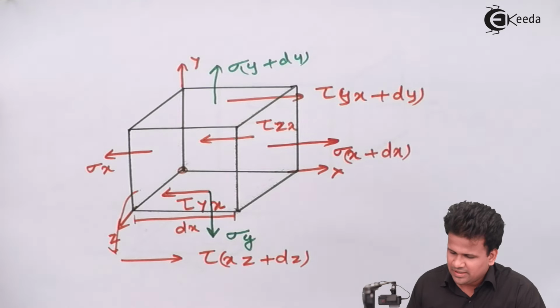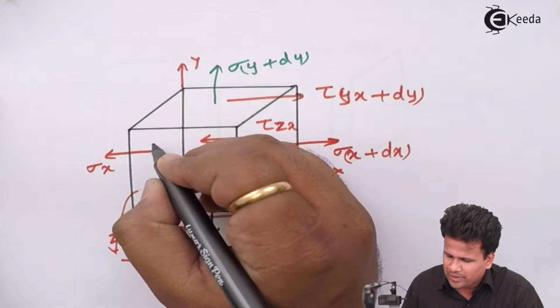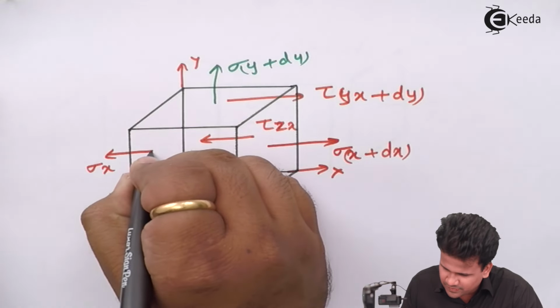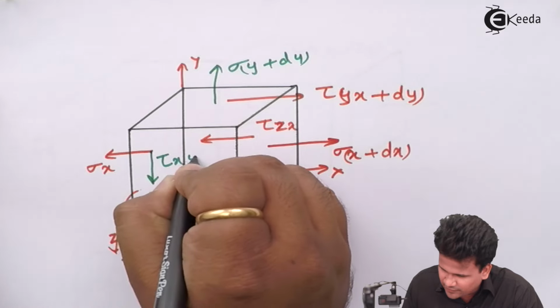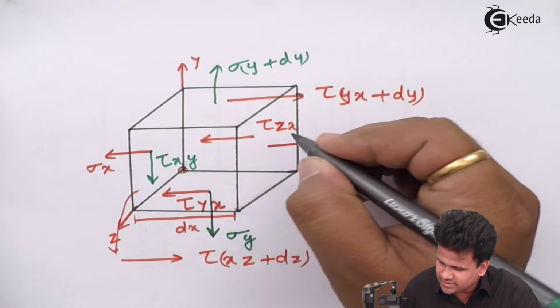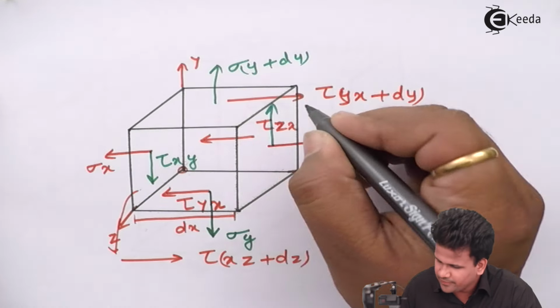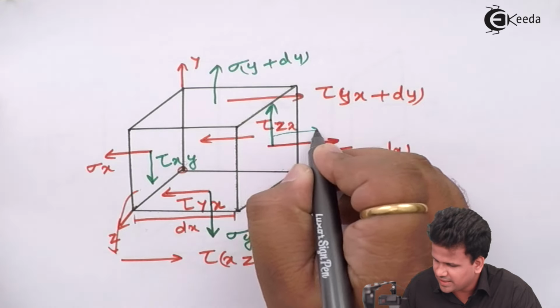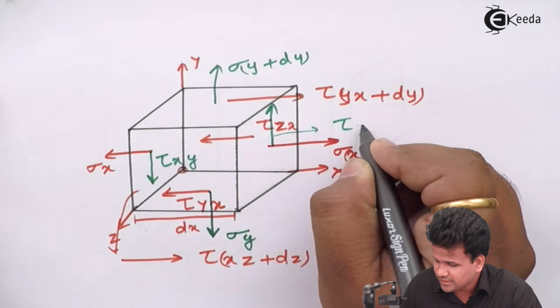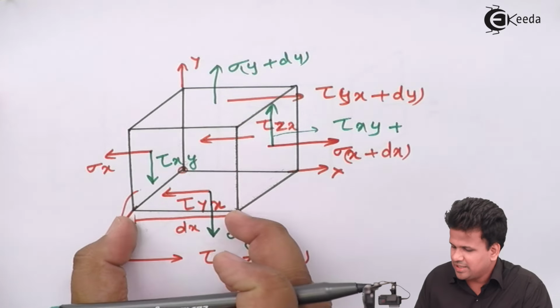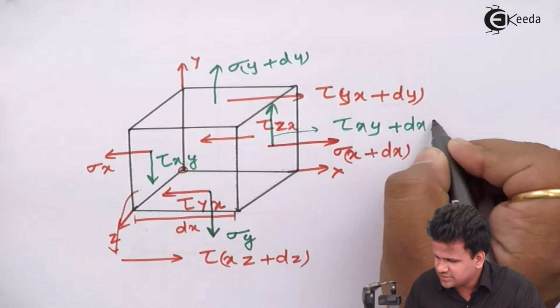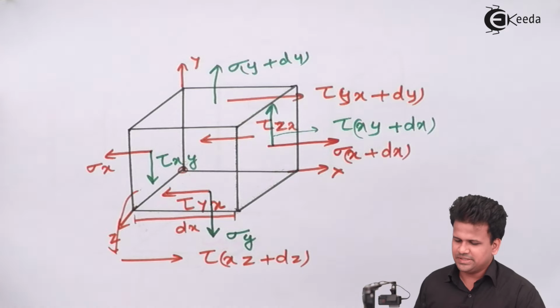Now the next plane will be the x plane, y direction, so this will be tau of x plane y direction, and at a distance it will go above, so this part will be tau of x plane y direction plus dx. The distance between them is dx.